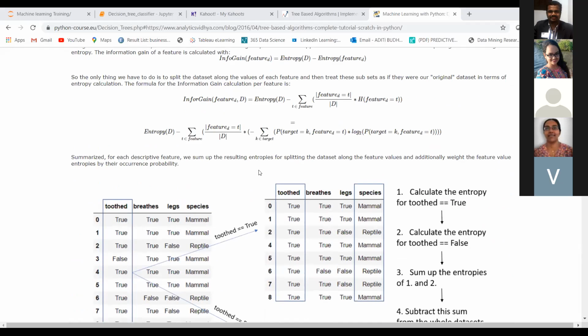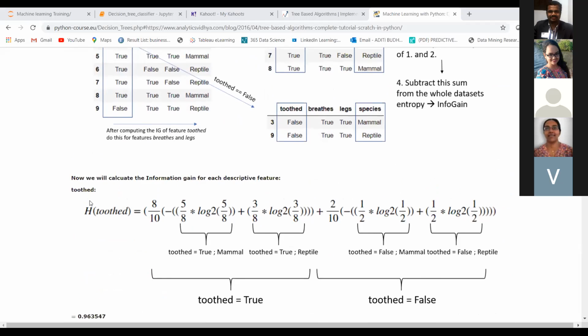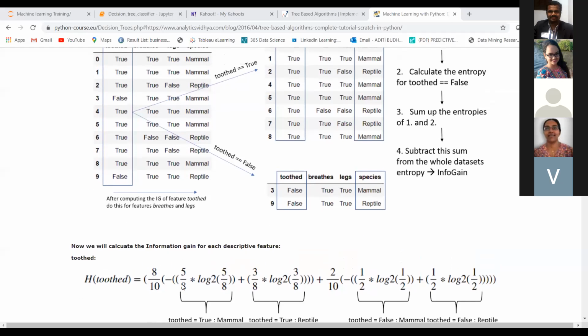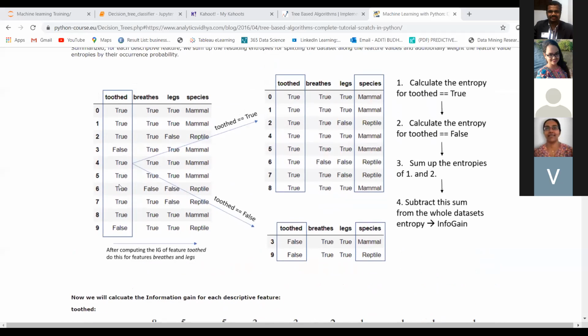Okay, so let us concentrate on this more. Let's say that we want to first select this parameter, the tooth parameter, in order to make the first split in our data set. So what is the underlying process?